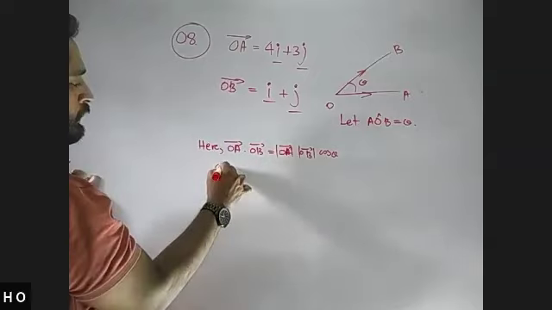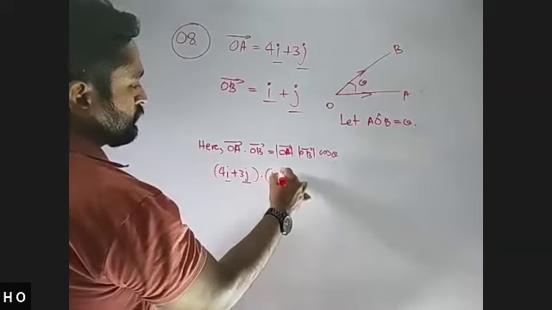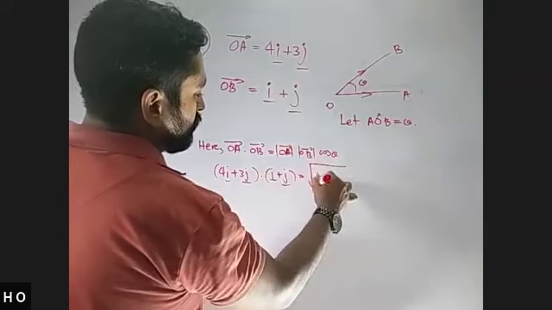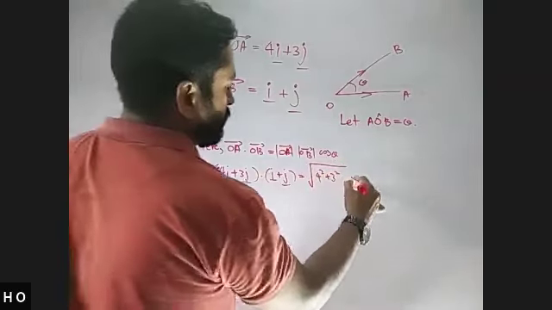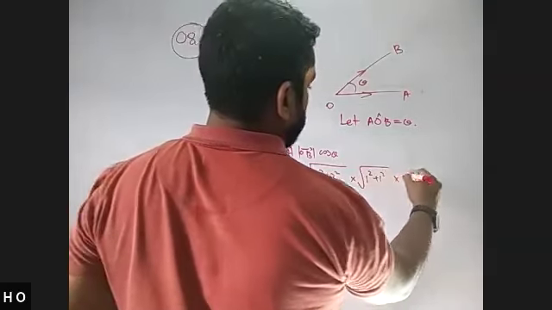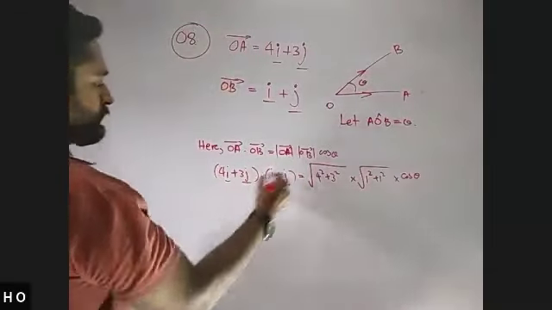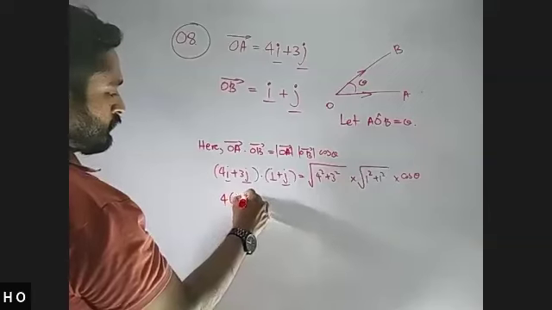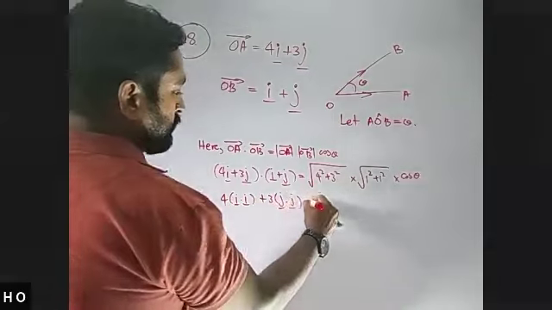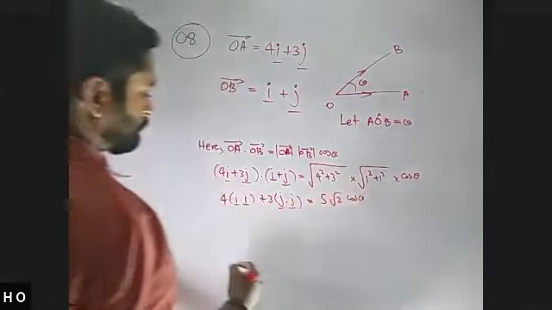What about OA? 4i plus 3j dot i plus j equals OA magnitude, square root of 4 square plus 3 square, into OB magnitude, square root of 1 square plus 1 square, into cos theta. Right. It is 4 into i dot i plus 3 into j dot j equals 5 root 2 cos theta.